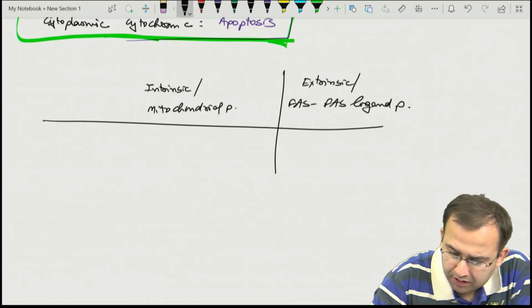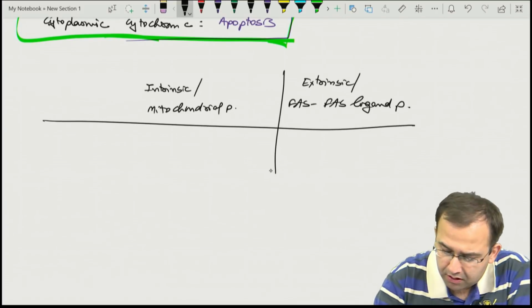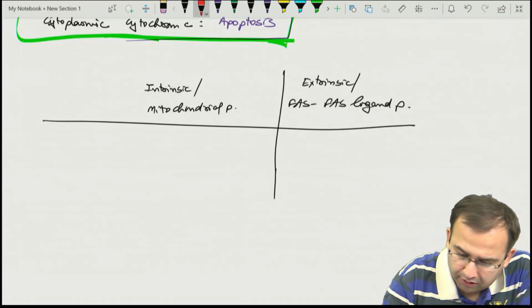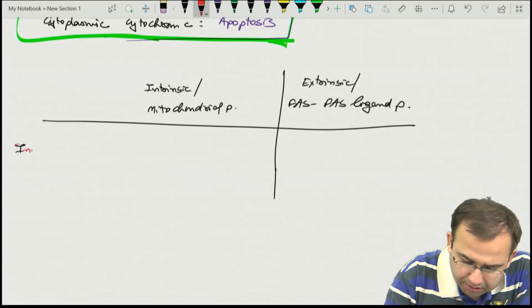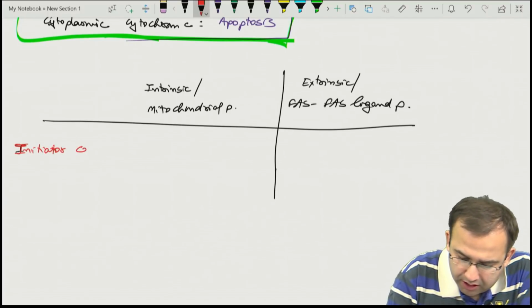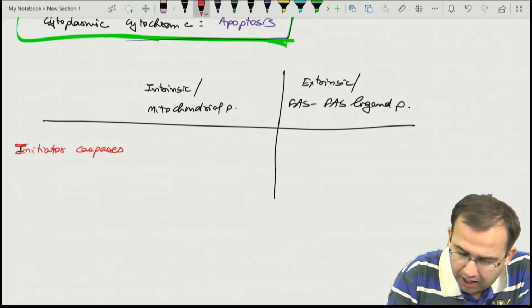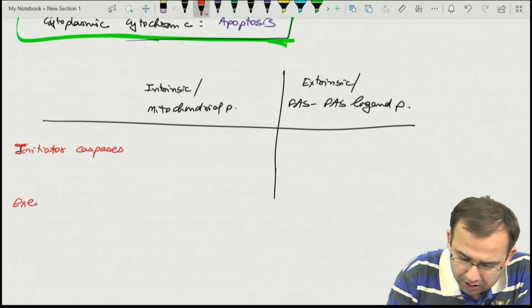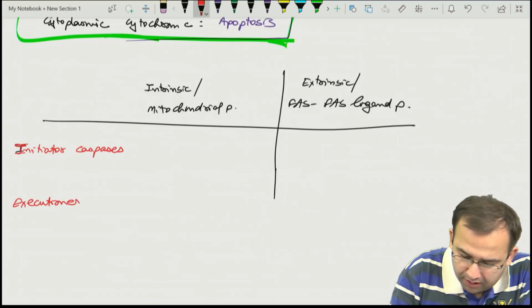Let us make a table of initiator caspases and executioner caspases.